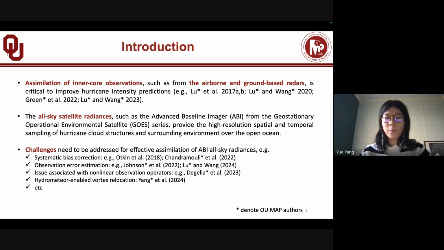The OU MAP Lab has made many efforts to develop and optimize the ABI all-sky radiances DA. For example, bias correction, observation error estimation, issues associated with the nonlinear observation operator, and hydrometeor-enabled vortex relocation.